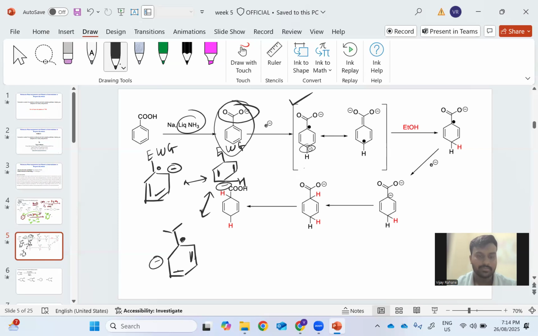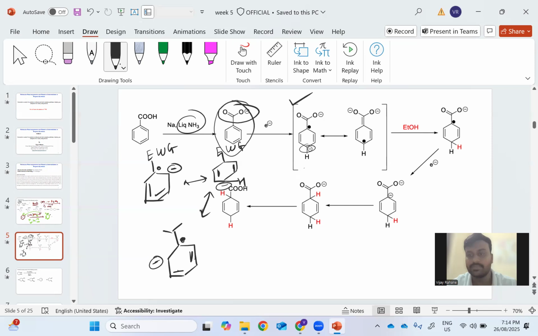And we can also write the same. So as we draw here the radical and the negative charge, this is again one of the possible resonance structures.